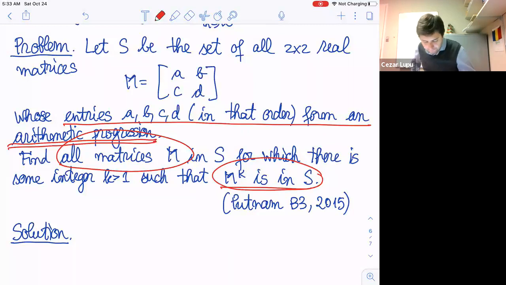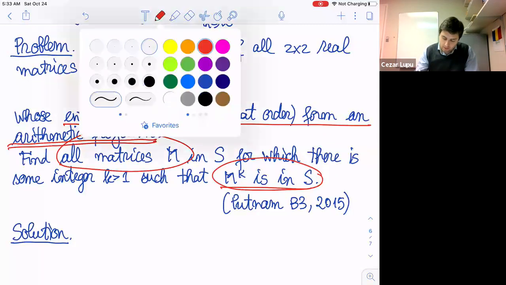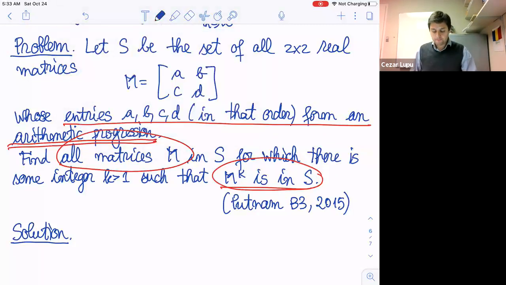So we would like to see, okay, let's see. So we know how a matrix will look.